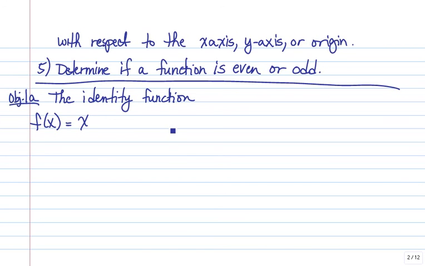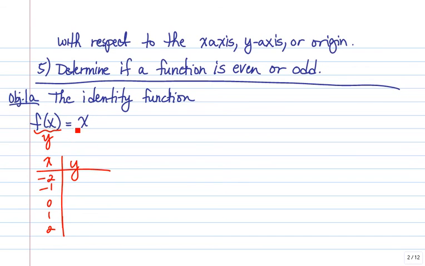What is the identity function? It is a function f of x is equal to x. Now remember, what does f of x mean? f of x is y. So this is a function where the input is equal to the output, right? Like if I had a chart and I put in -2, -1, 0, 1, and 2 into this function, what am I going to get out of it?